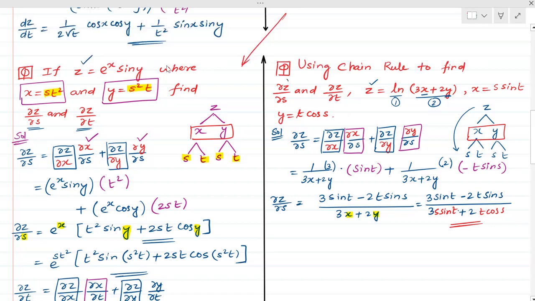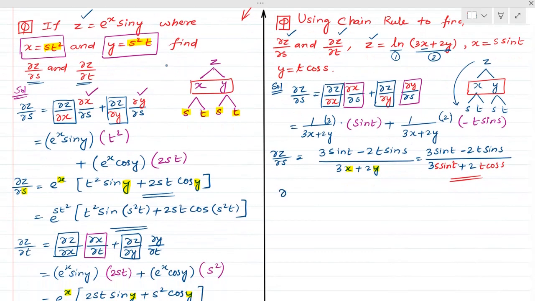Now this is done. Now I have to calculate with respect to t. So what is with respect to t? It is the same thing. dou z over dou t equals dou z over dou x into dou x over dou t plus dou z over dou y into dou y over dou t. Now I just substitute the value 1 over 3x plus 2y into 3, and this one is the same thing.